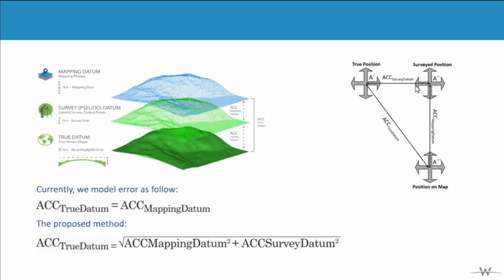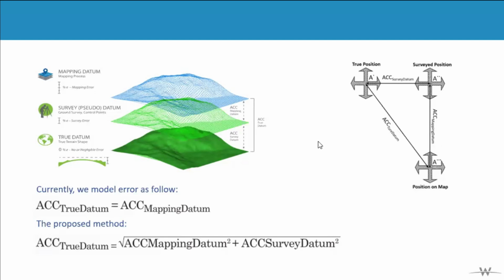So instead of expressing the accuracy from A triple dot to A dot, we use only this one side of the triangle, which is not representative.